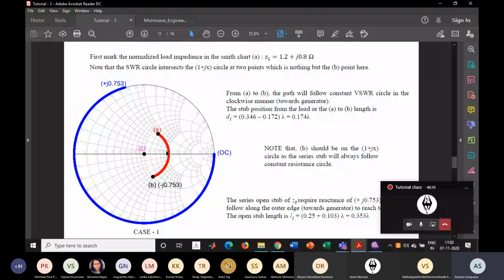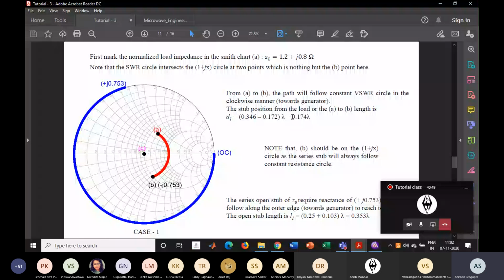At the outer circle of the Smith chart, you will find the lambda value. For this case, the lambda value will be 0.172 lambda, and for this point the lambda value will be 0.346 lambda. So you have to travel this much length, 0.174, and this length means you have to put the stub at this distance from the load.